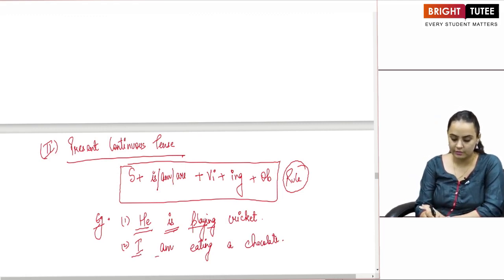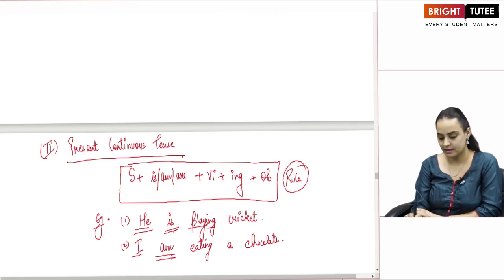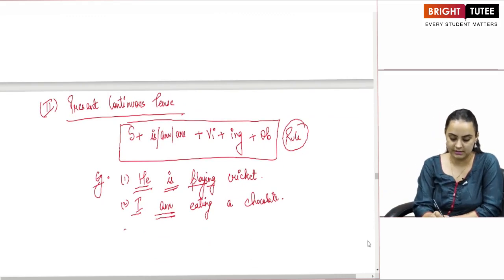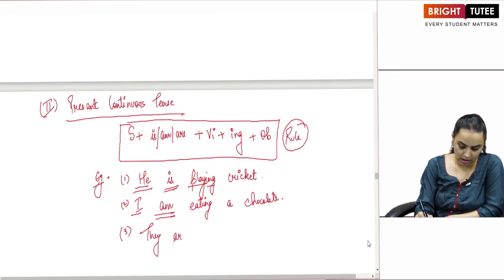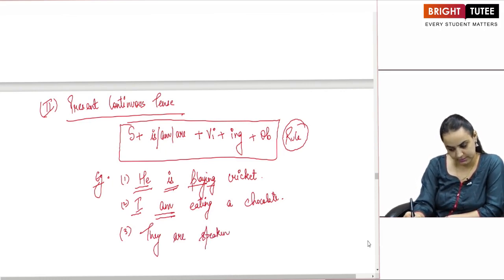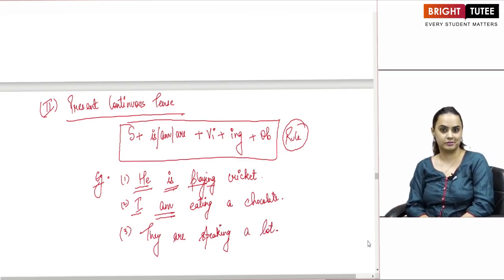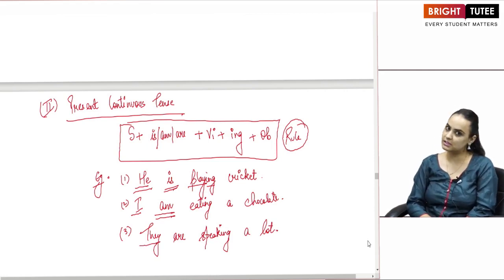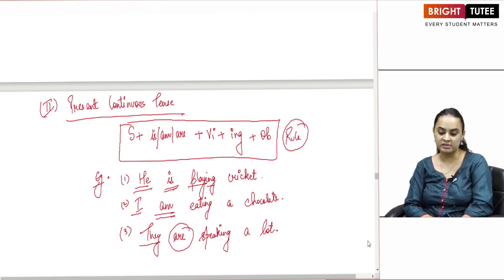With I, we will always use am. So, I am eating a chocolate. If I give you another example, they are speaking a lot. So, what is my subject? They. Since it is plural, therefore, I use a plural verb with it, which is are.